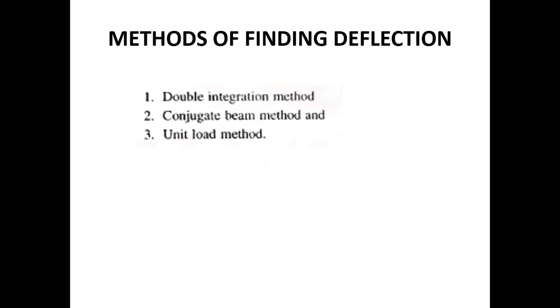We integrate it once to get the slope or rotation, and twice to get the deflection. On integrating, constants such as C1 and C2 come up, and we need to calculate them by applying the boundary conditions.